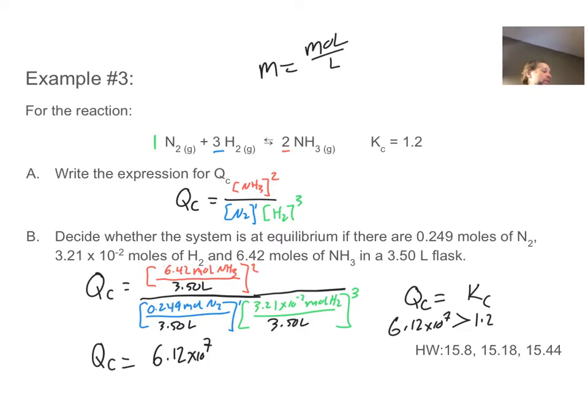So this tells me that we are definitely not at equilibrium, and that my products are more than my reactants. So it tells me that I'm shifting towards my reactants in this case.